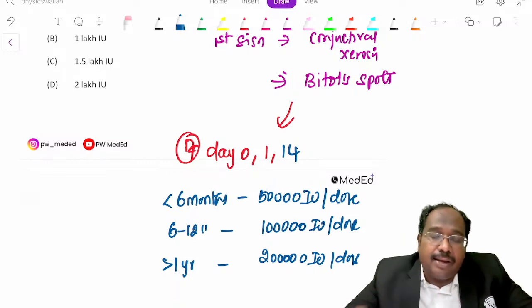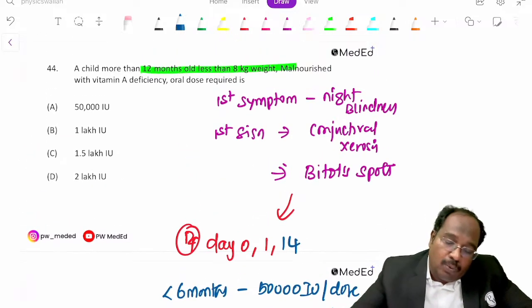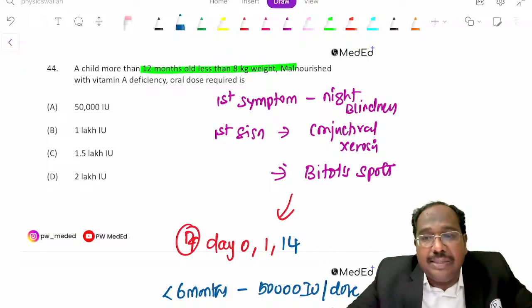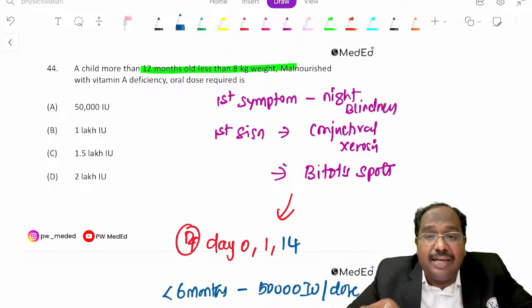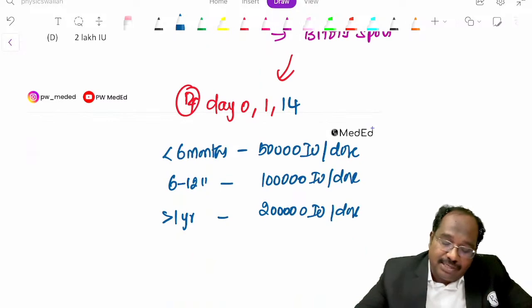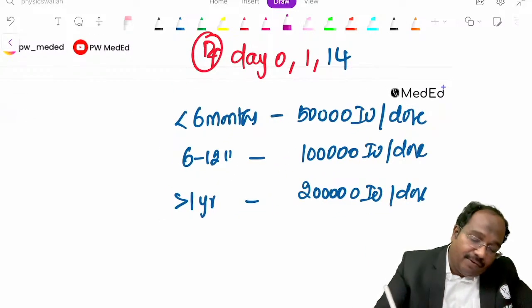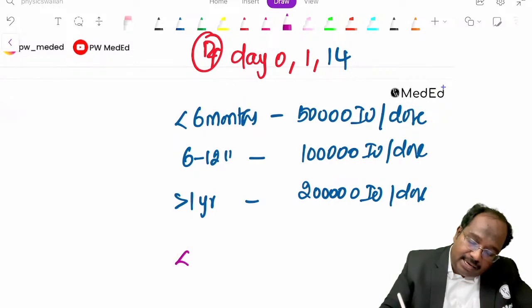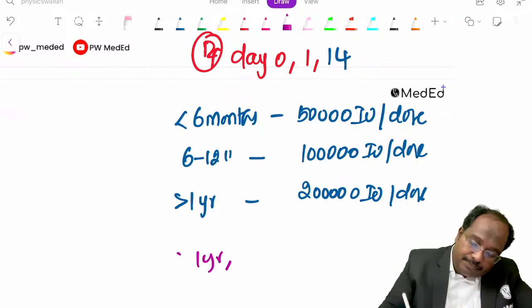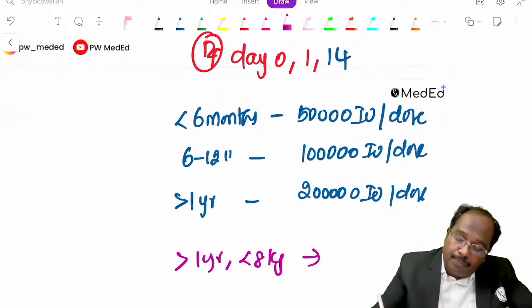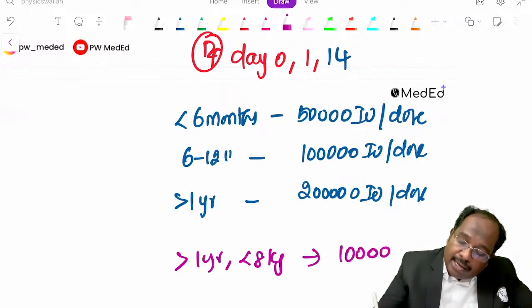The child is malnourished, less than 8 kg. In such circumstances, even for more than 1 year, less than 8 kg, you provide only 1 lakh international units per dose.